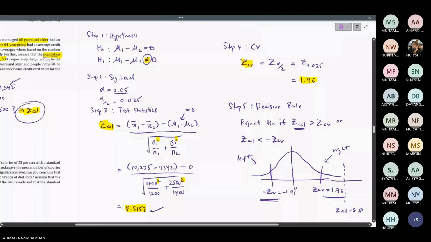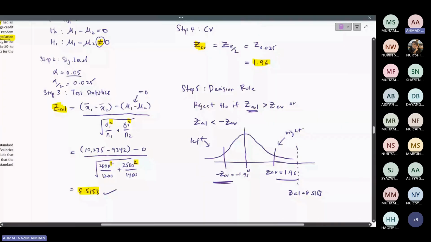So it falls under the rejection region. That is why we reject H null if Z calculated is greater than Z critical value.